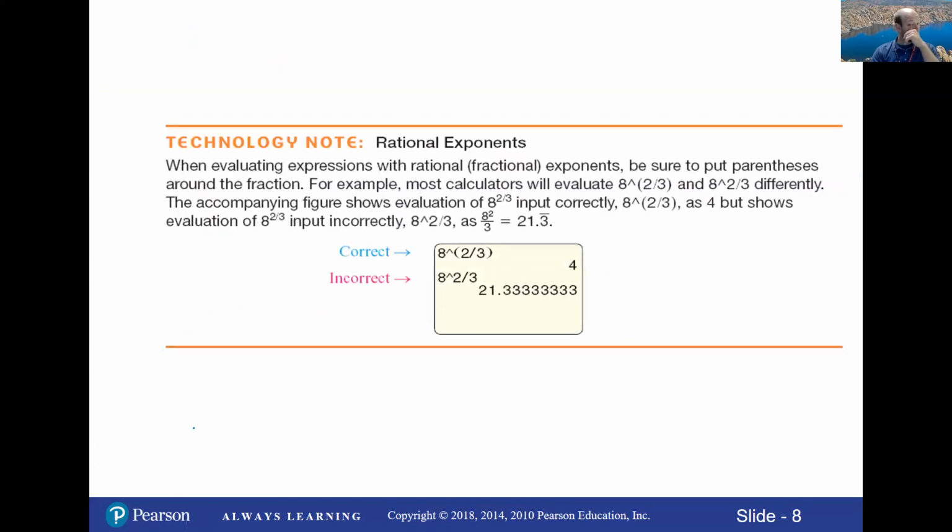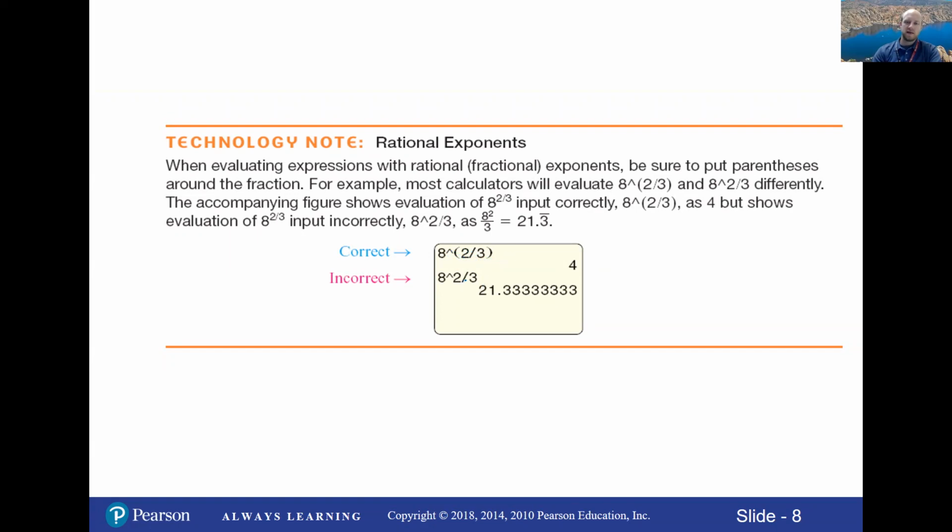Just a couple of calculator notes if you're using your calculator. So when you're putting in, let's say, 8 raised to the 2/3, when you push the little kind of roof of a house, I call it the hat button, make sure that you put your power in parentheses, okay? So 8 raised to the 2/3 in parentheses.